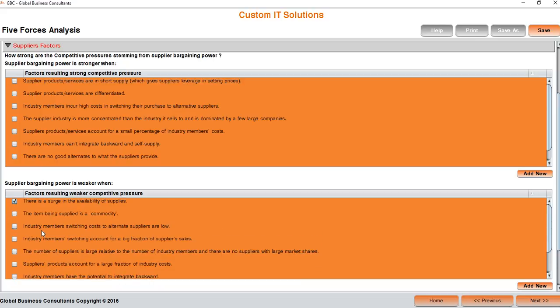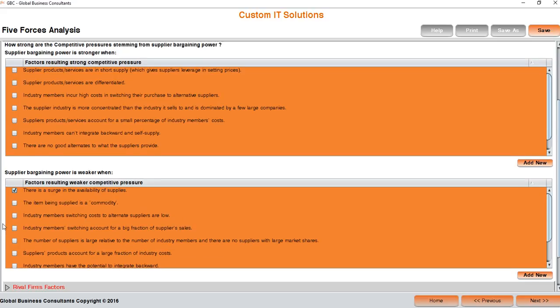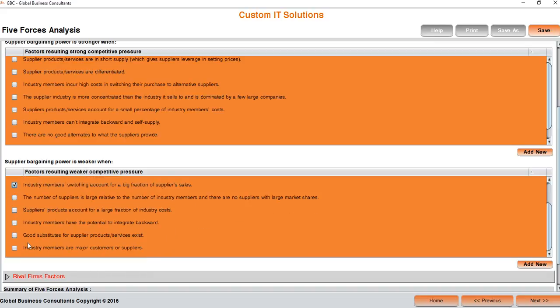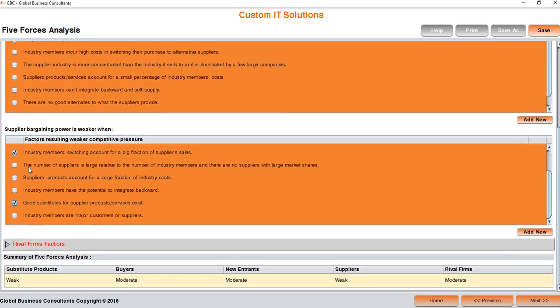As a matter of fact, supplier bargaining power is generally weak in our industry, as there is a surge in the availability of supplies. Industry members' switching costs to alternative suppliers are low. Industry members account for a big fraction of supplier sales. Yeah, that's possible. Good substitutes for supplier products and services exist. We are never in short supply of our supplies required. So that's about it.